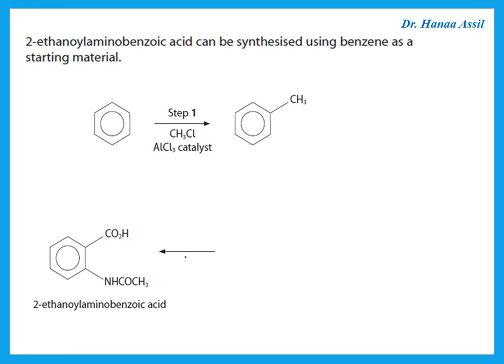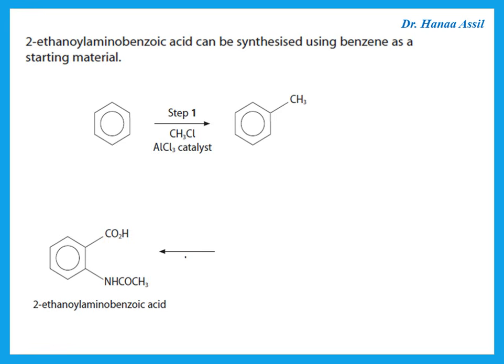What do we do to put the methyl group on the benzene ring? React with methyl chloride in presence of aluminum chloride. Then what? Look at the final product and see what we can do.